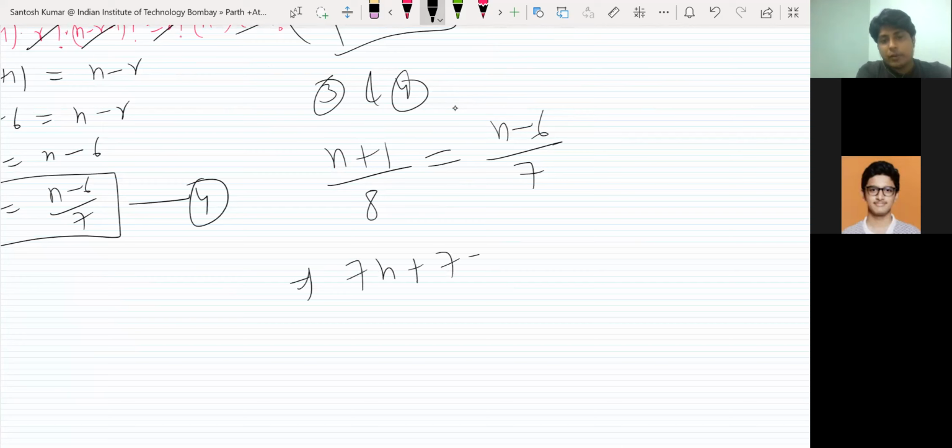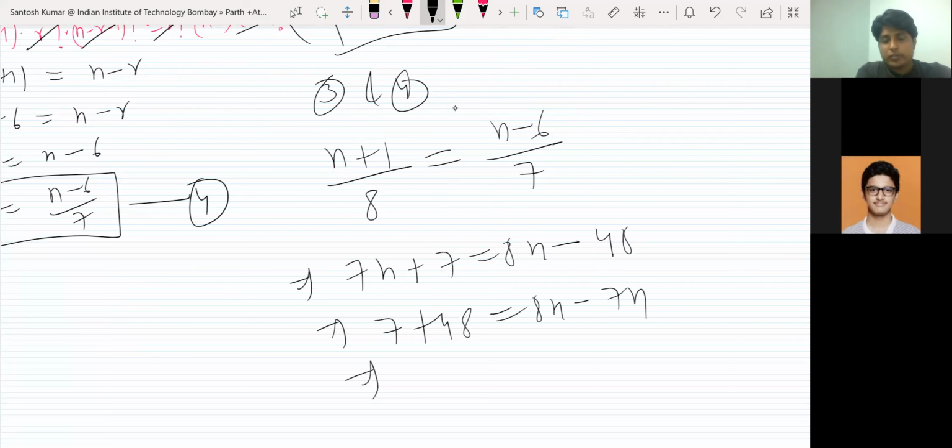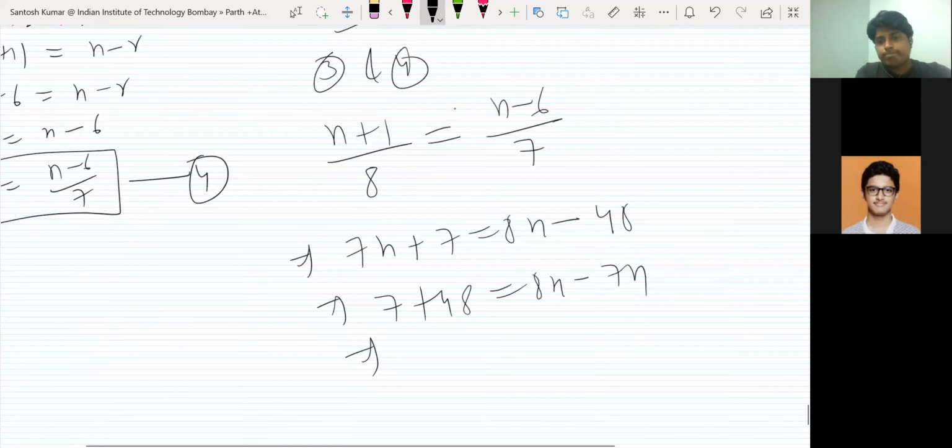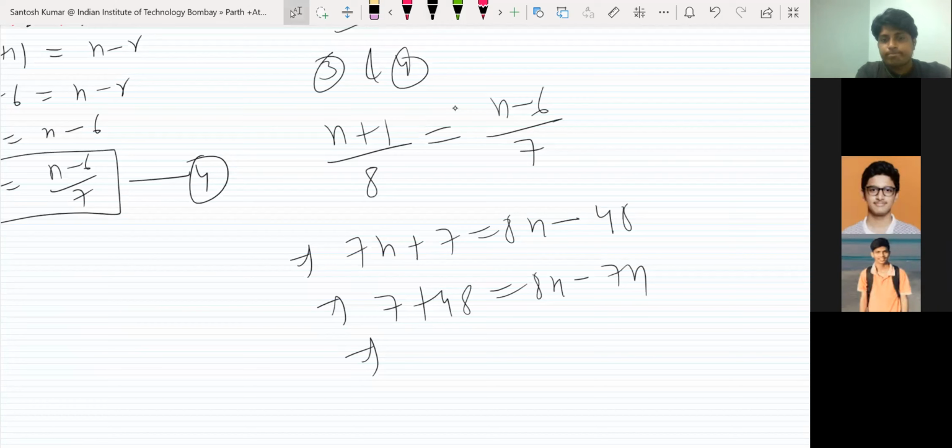7n plus 7 is equal to 8n minus 48. Okay, so bring 8n to the left side, or 7n you can bring. So 7 plus 48 is equal to 8n minus 7n. Yeah, so 7 plus 48 is what? 55. 55 is equal to n.